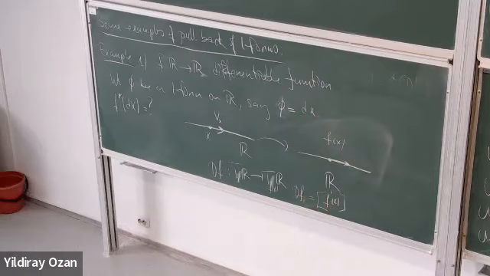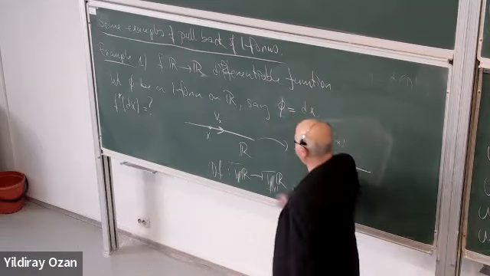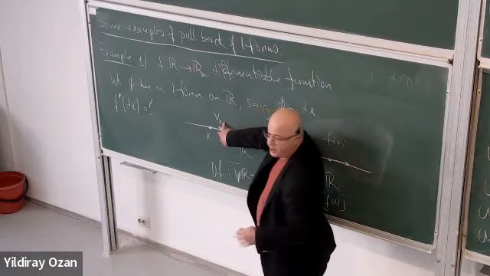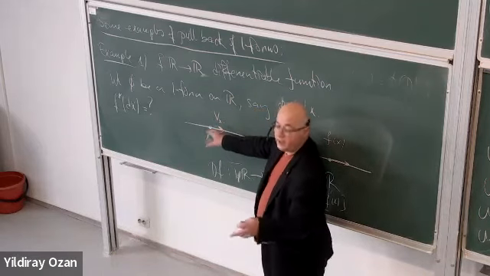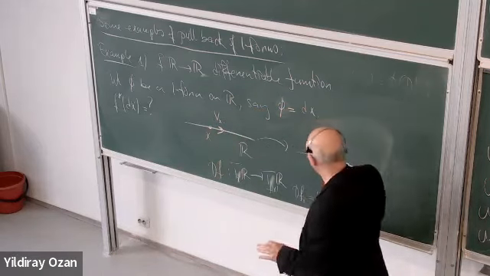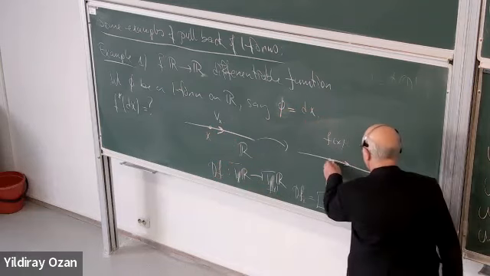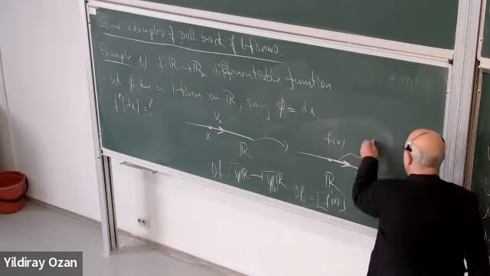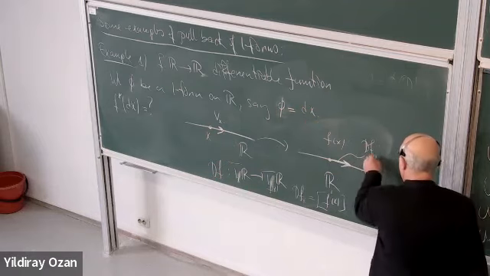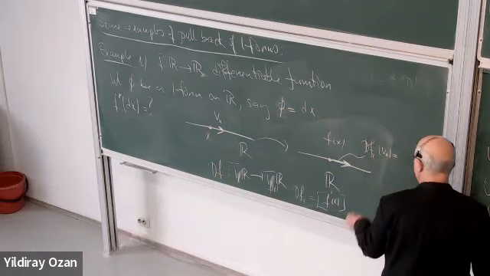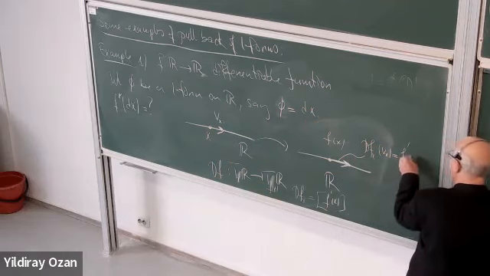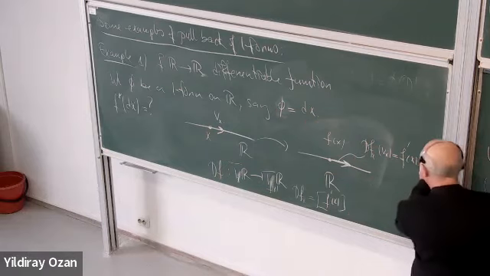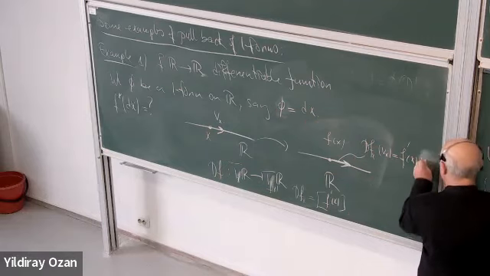So whenever you have a vector field, let's say v, I write v sub x to denote that this is a vector at the point x. Its image, df at the point x, is nothing but f prime x times v sub x.